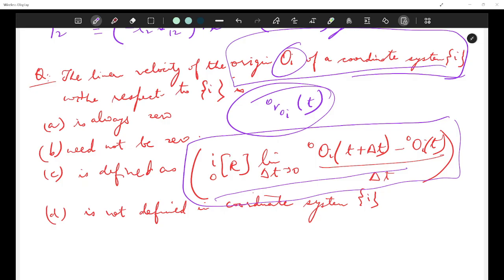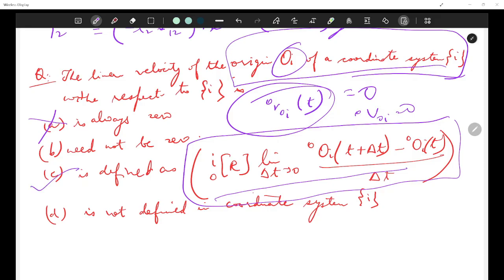We are computing the velocity of OI with respect to the origin. Even though this thing is equal to 0, this does not mean your velocity is equal to 0. If frame I is translating, its origin moves. This velocity need not be 0, and option 1 is wrong.